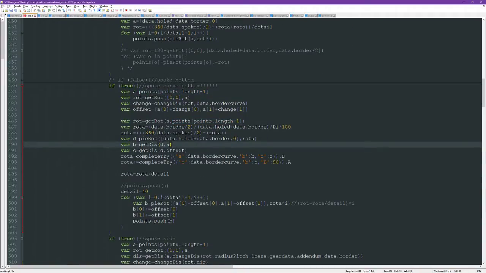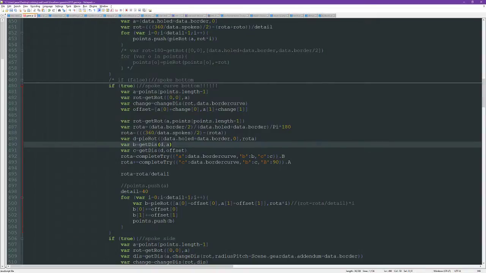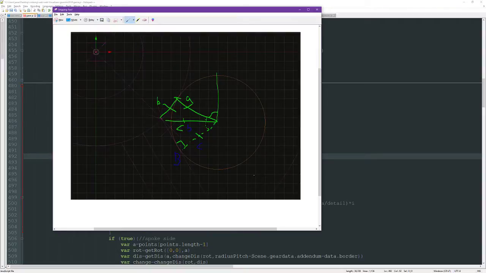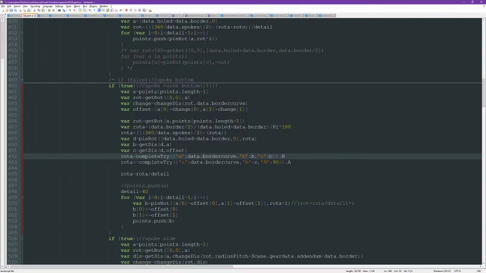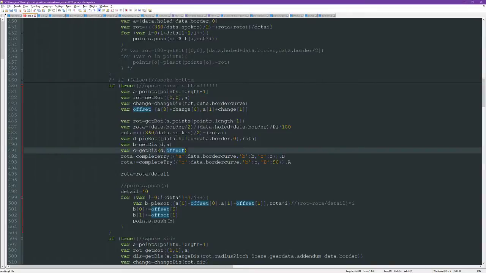Okay. So that gives me this distance. And that distance is B. And then C is that same distance from D to offset, which should be that location.